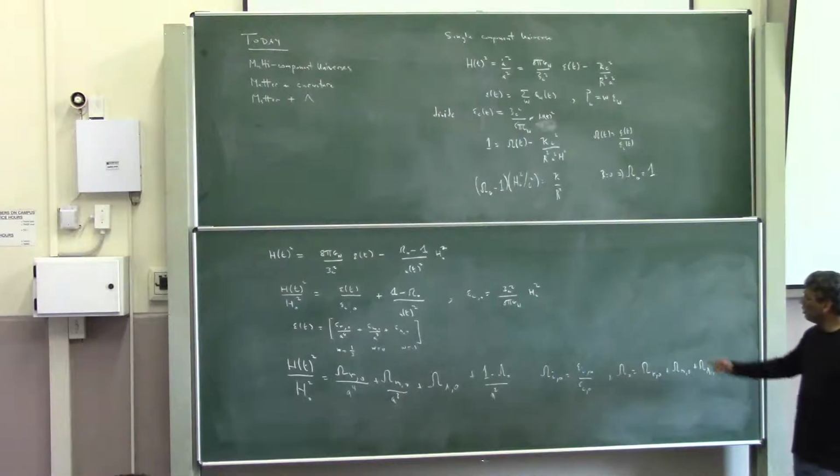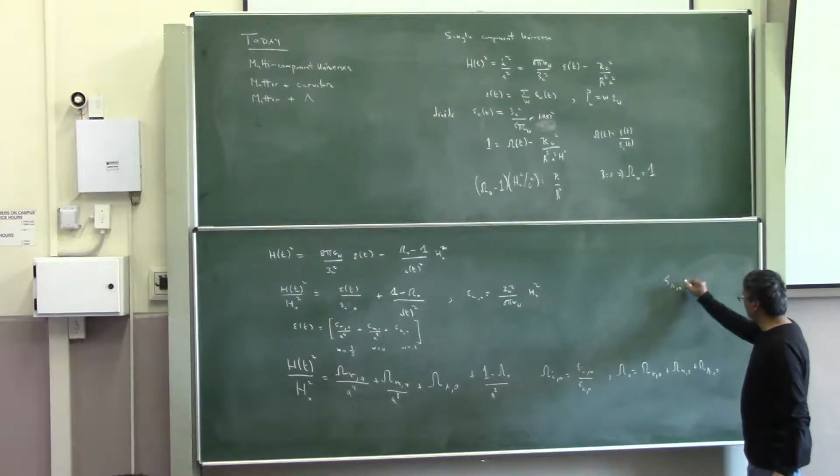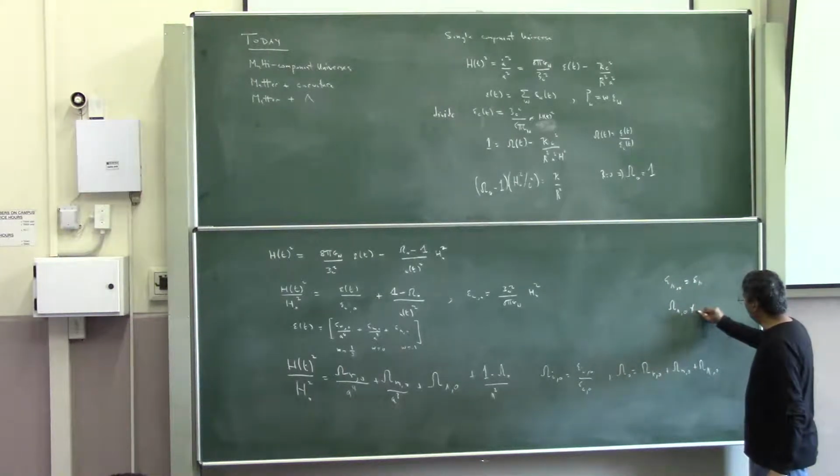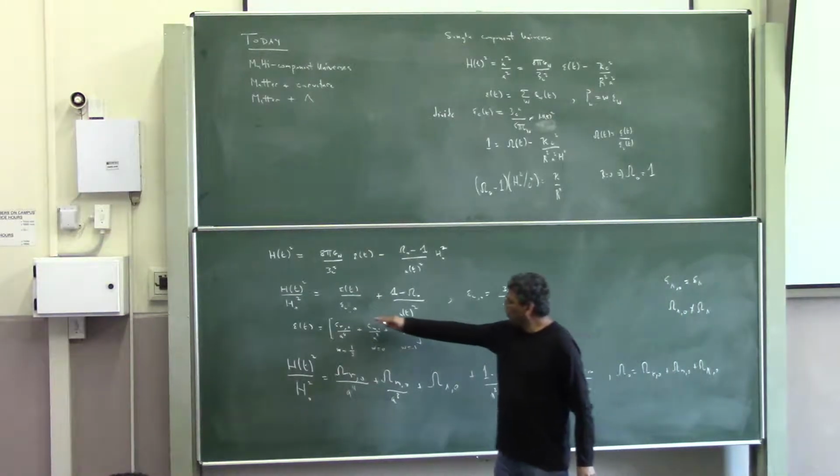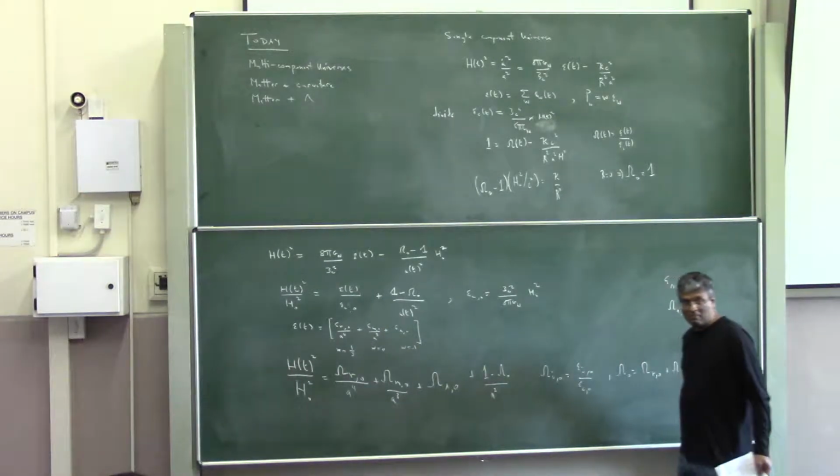You'll notice that epsilon lambda 0 is epsilon lambda, but omega lambda 0 is not omega lambda, because you're dividing by the critical energy density, which is a function of time.